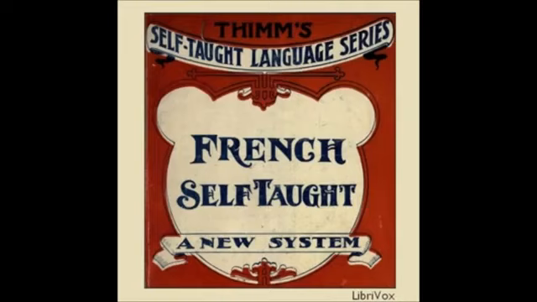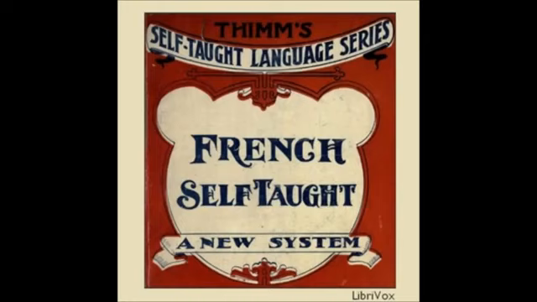Whence do you come? D'où venez-vous? Some way or another. D'une façon ou d'autre. Upstairs. En haut. Downstairs. En bas. The other day. L'autre jour. No great thing. Pas grand-chose.